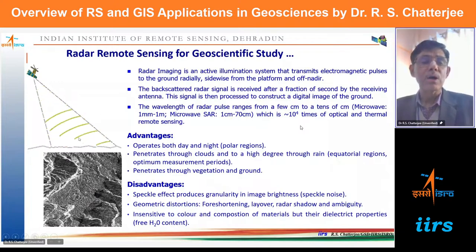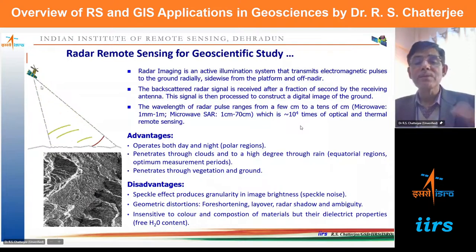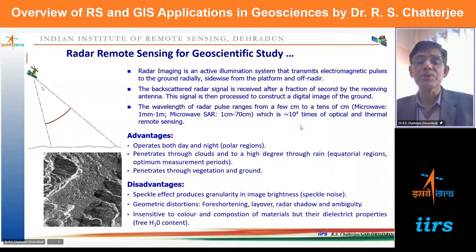Okay. Now this yellow is the backscatter radar signal. It is received after a fraction of a second by the receiving antenna. So basically radar, you know, radio detection and ranging. This is a ranging device, isn't it? A ranging device works based on the time when this pulse is transmitted and when the pulse is received. How much time is the difference between these two? The time is a measure of the distance, isn't it?